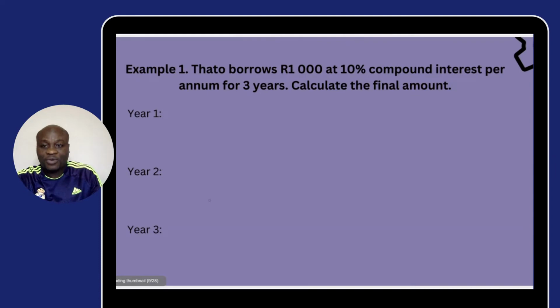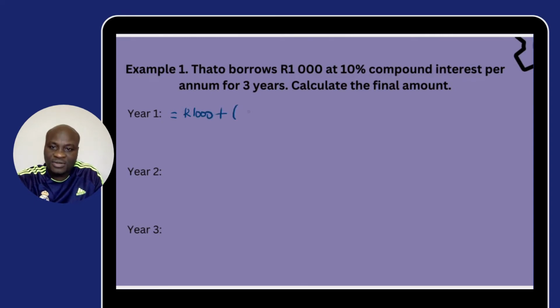I've got an example with me here. Tato borrows 1,000 at 10% compound interest per year for a period of 3 years. Calculate the final amount. Just like we did in simple interest, we calculate it on a yearly basis, year by year. So year number 1, we take the principal amount, which is 1,000 rands, plus the interest rate, which is 10%, multiplied by the principal amount.